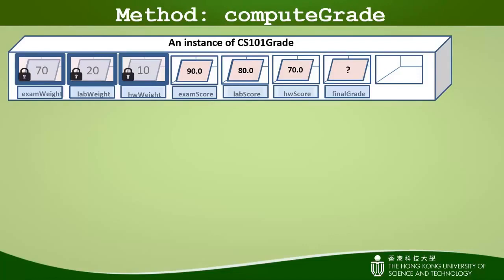Here, the first 3 class variables are declared as constant, and the next 4 are instance variables. Assuming that exam score, lab score, and homework score have been initialized respectively with values 90, 80, and 70 using the getScores method, while final grade has not yet been given any value.